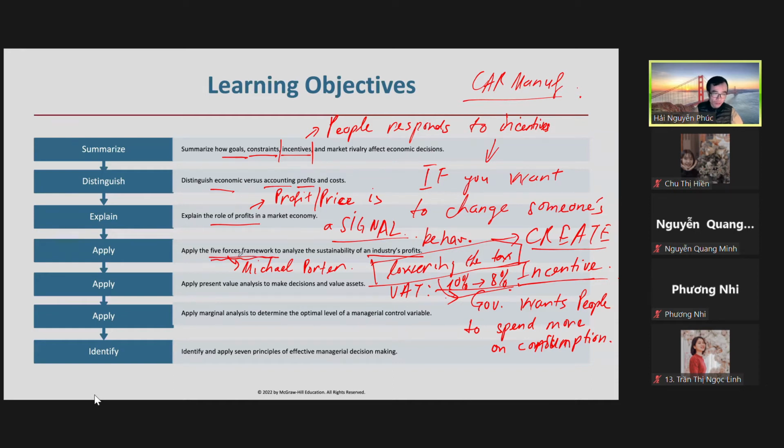Right. The next point is to acknowledge or recognize the time value of money. Time value of money.